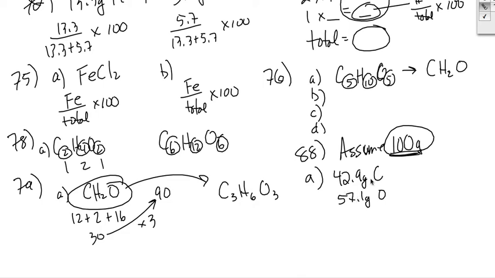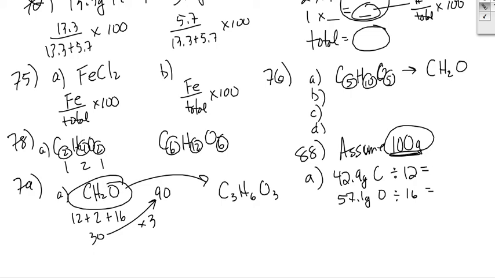I want to find out how many moles that is. Sorry, I had a little lapse there. So I'm going to divide the 42.9 grams of carbon by 12, and the 57.1 grams of oxygen by 16, and I'm going to get a value there. Okay? So 42.9 divided by 12.